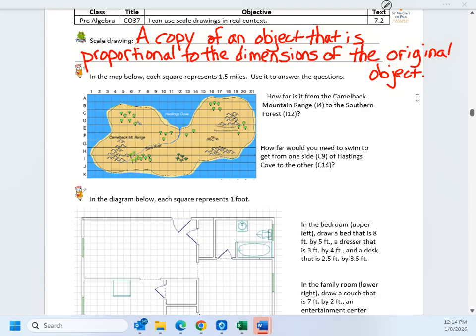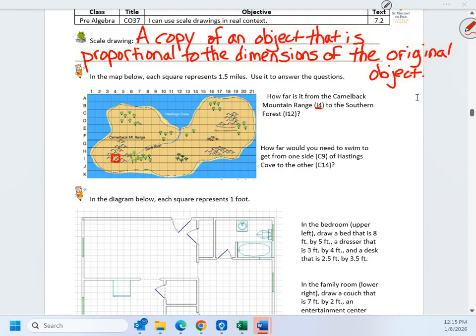So, in the map below, each of these squares represents 1.5 miles. You're going to use that to answer these two questions. So let's look at the first one together. It says, how far is it from the Camelback mountain range, which is I-4, so I need to go over here and say, okay, this row I need to go out to the 4, so right here is I-4.